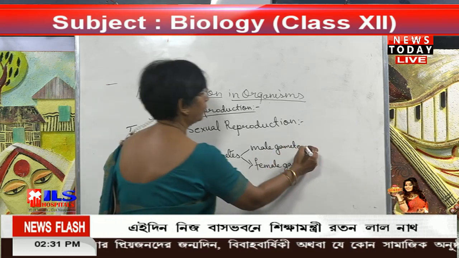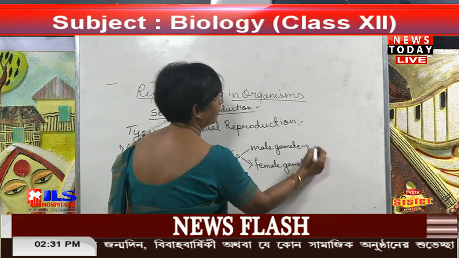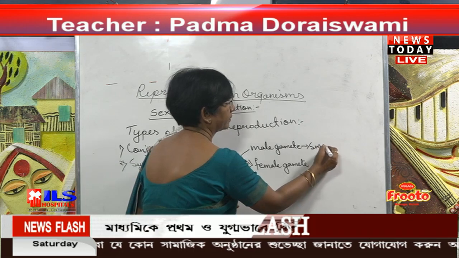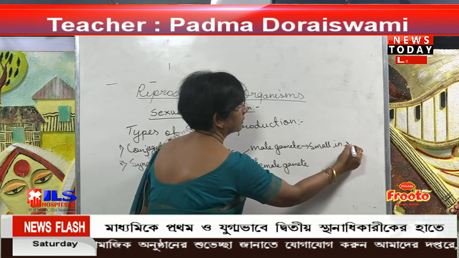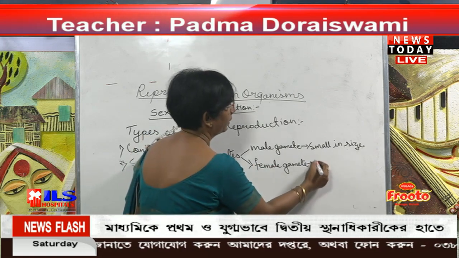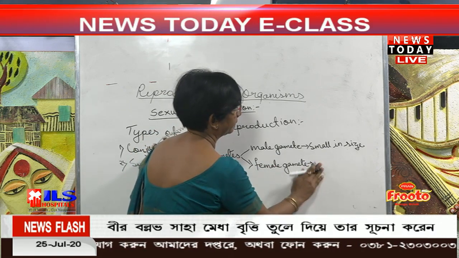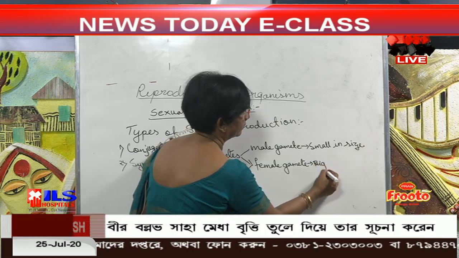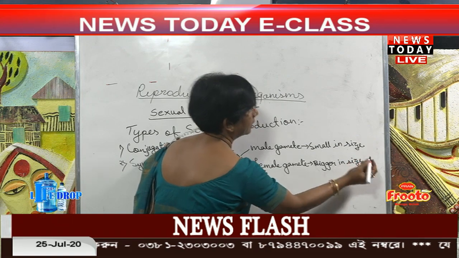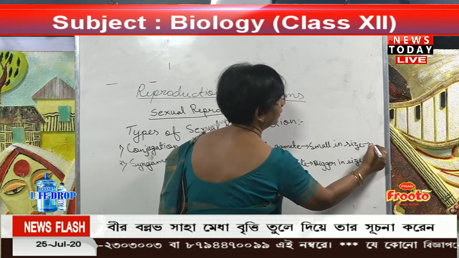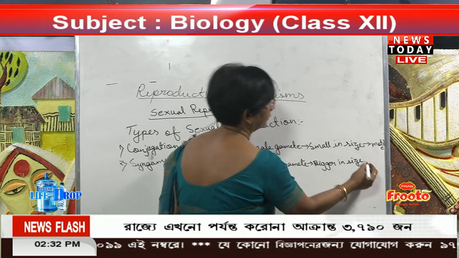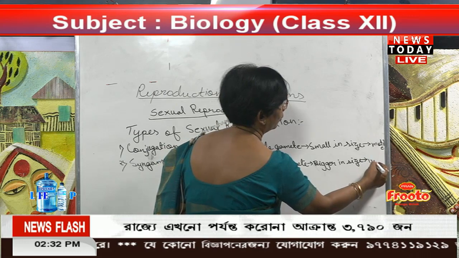The male gamete is small in size, and the female is somewhat bigger in size. This one is very active, that is motile, and this one is non-motile.